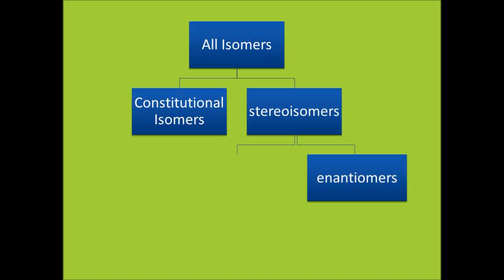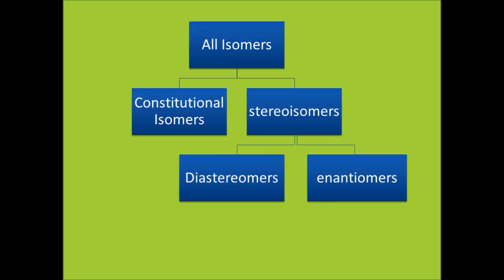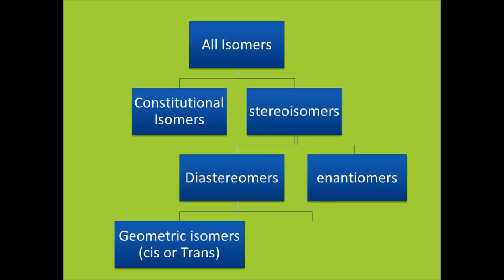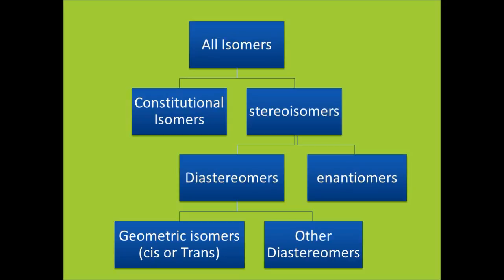If it is a stereoisomer, then they can either be divided into enantiomers or diastereomers. Diastereomers are further divided into geometric isomers, which are the cis and trans, or other diastereomers, such as meso compounds, which we are not going to talk about here.